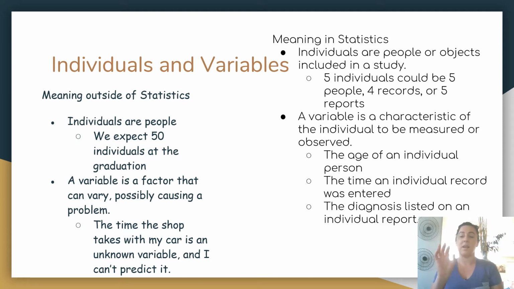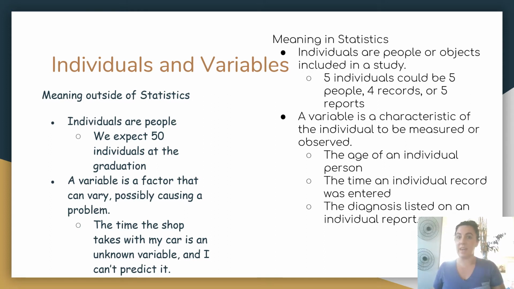It could be a person, a record, a report, could be anything, but we're going to observe or measure a characteristic of this individual, of this unit, of this thing that we're working on.